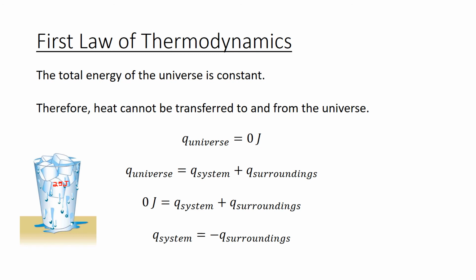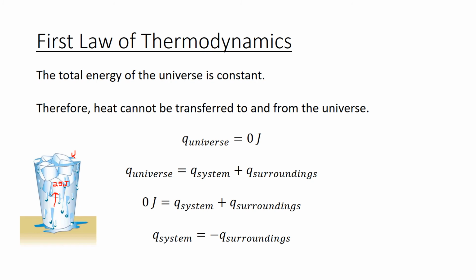So then the question becomes, where does that 25 joules come from? Where does that energy come from to melt the ice? Well, the answer is most of it is going to come from this water that the ice is in. A little bit of it might come from the air, but ultimately it's coming from the surroundings.